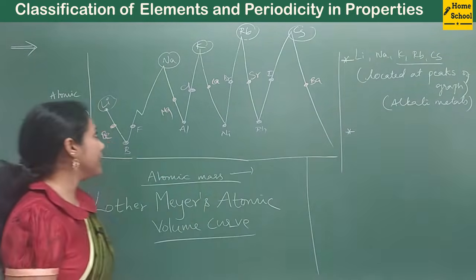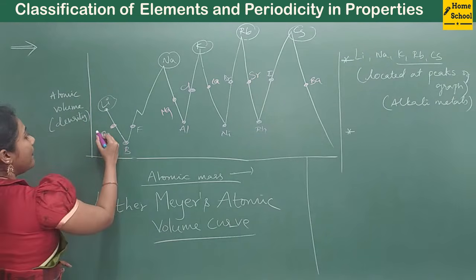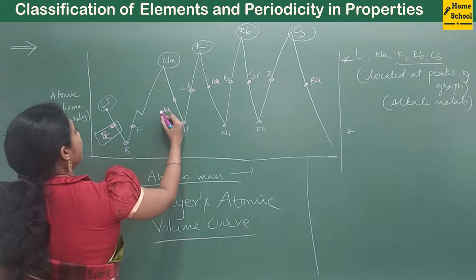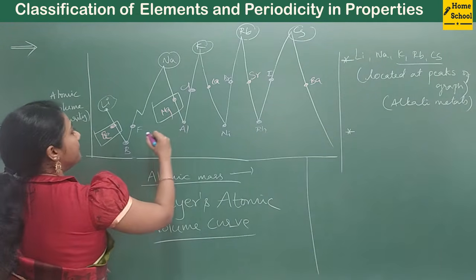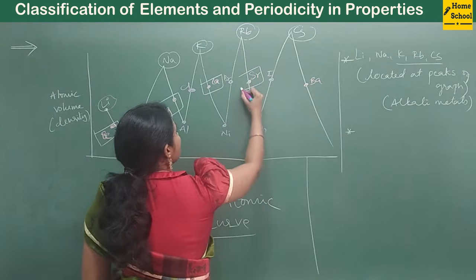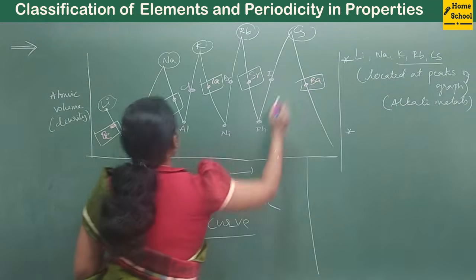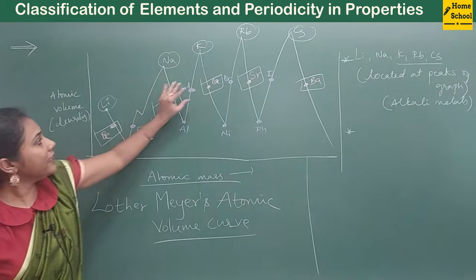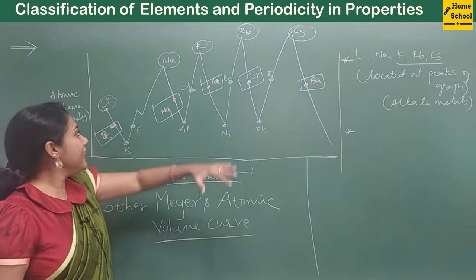Now the second point. You see beryllium, magnesium, calcium, strontium, and barium. They occupy the same position, I mean on a descending curve, right?